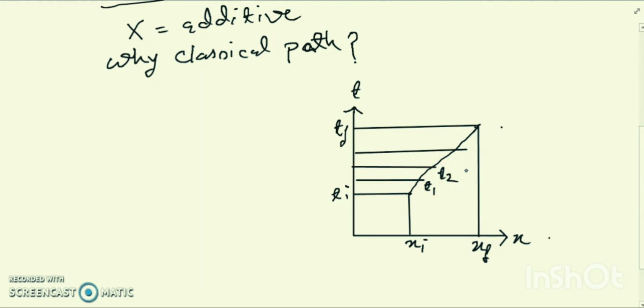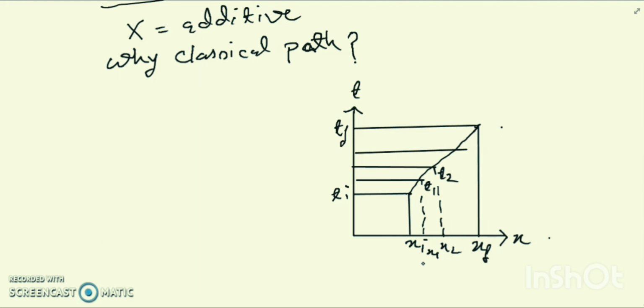Okay, t1, t2, t3, and this way. So correspondingly you have x1, x2. So basically you are dividing the entire path into small segments, x1 to x2, x2 to x3.